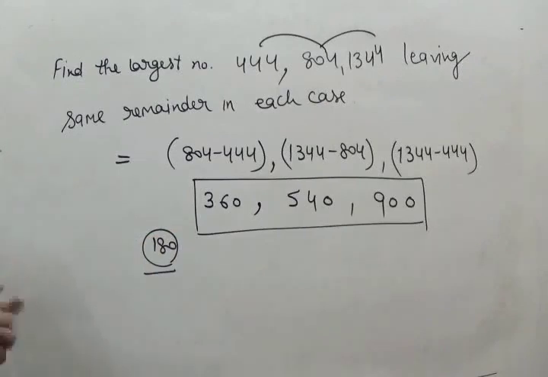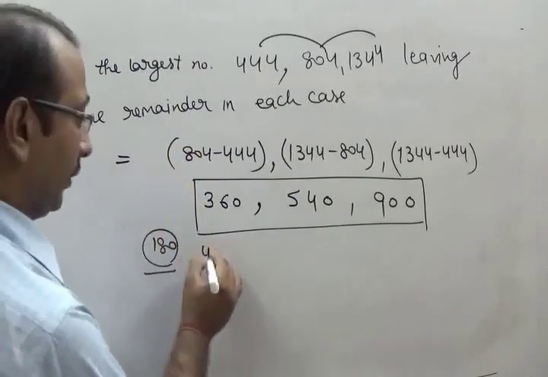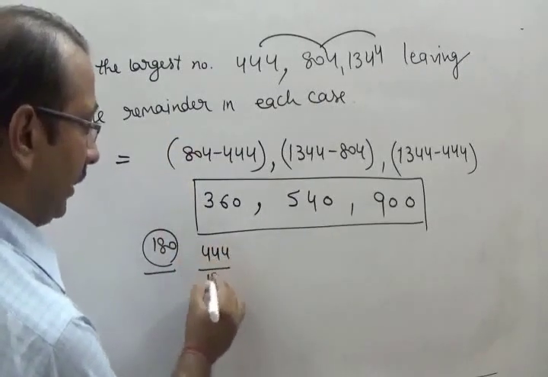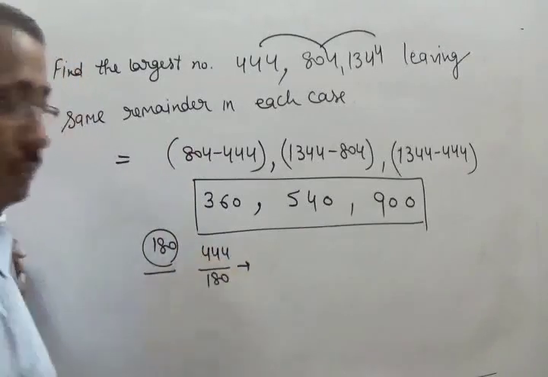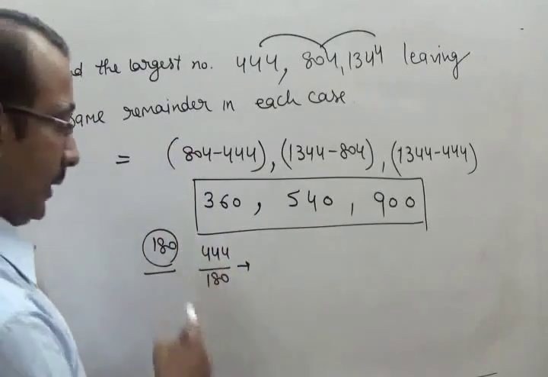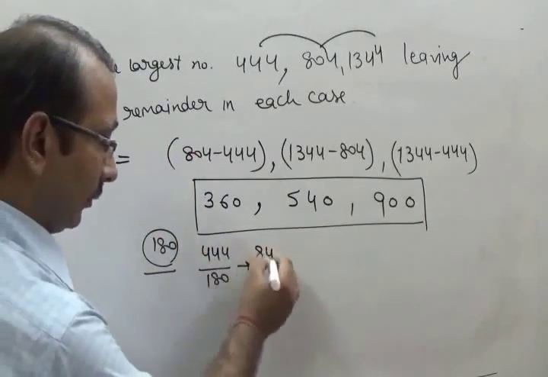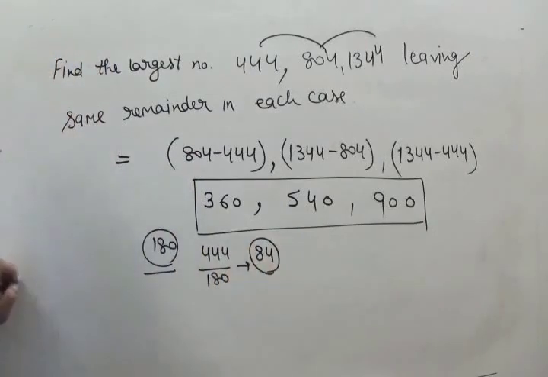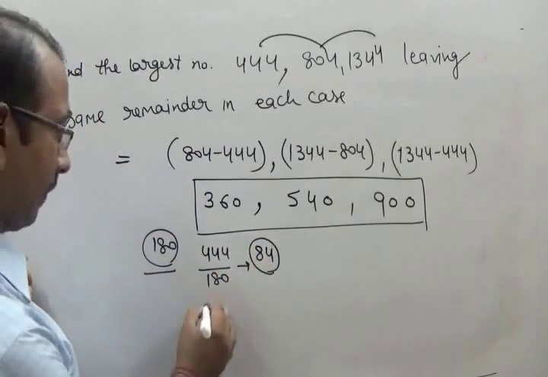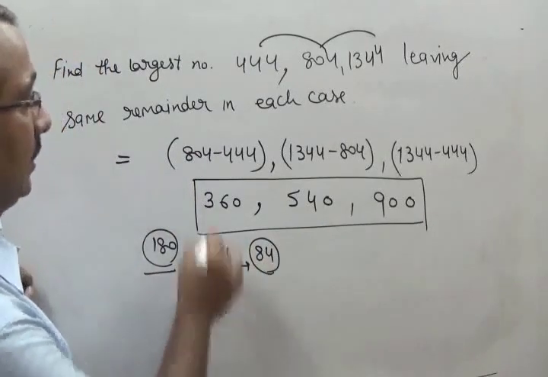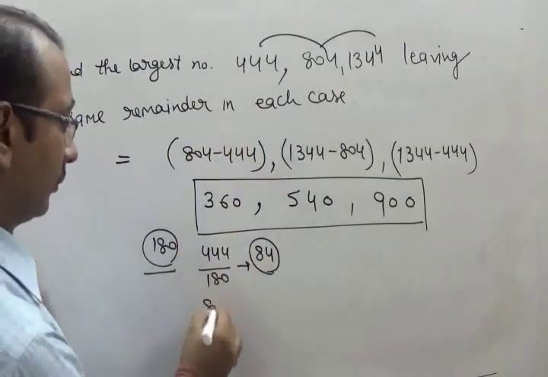Now we try to verify. First number is 444. When you divide it by 180, it goes up to 360, and the remainder left is 84. The second number is 804.